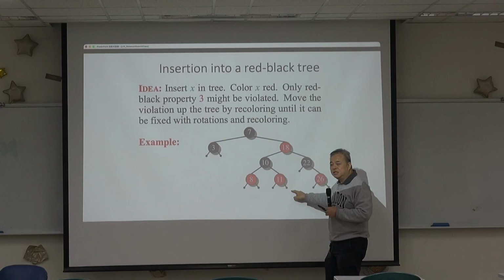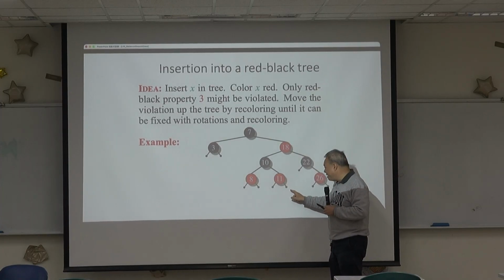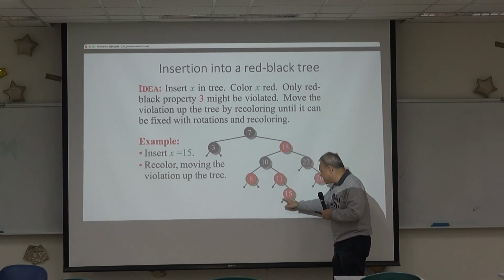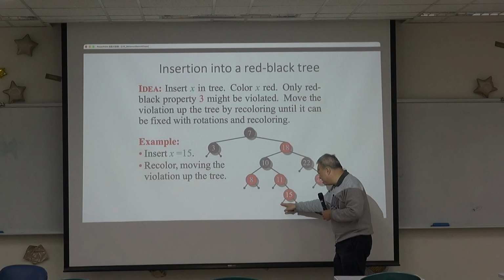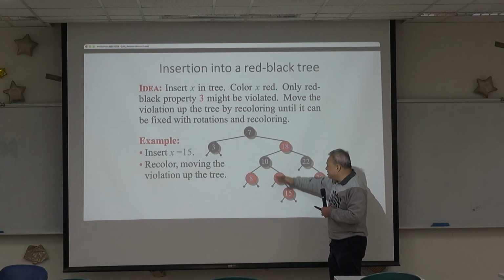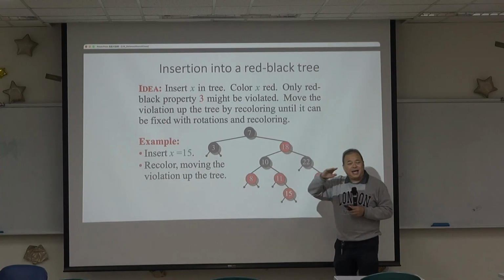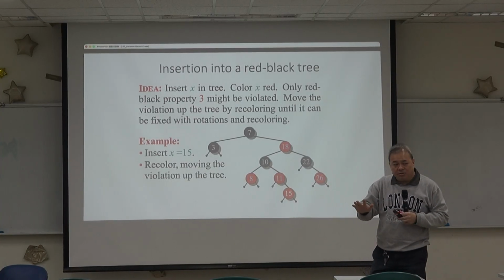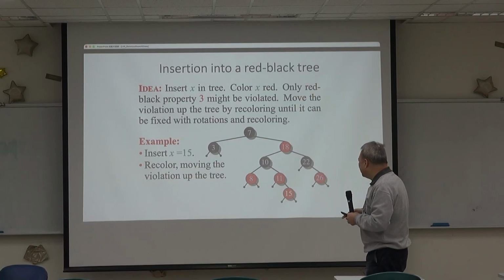This is a leaf node, but this one obviously is a black node. So after you insert the 15 here, you'll have a black leaf node here and here. So the black height is maintained.